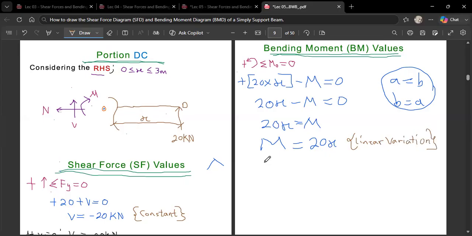So from there, we are just going to consider D and also C. So at x is equal to 0, our moment at D is equal to 20, and you put 0 into the bracket. It is the same thing whether you are considering the right hand side or the left hand side.